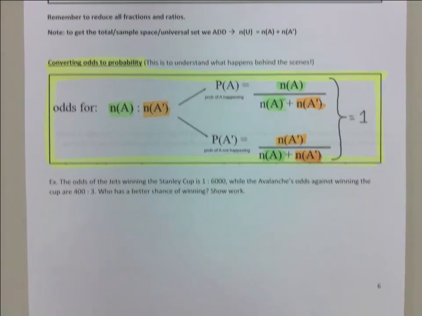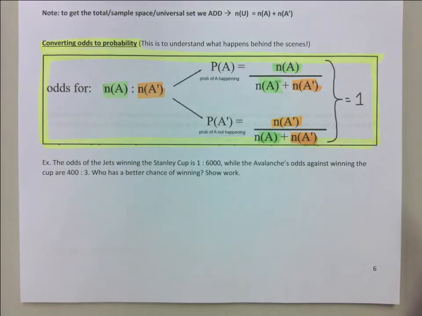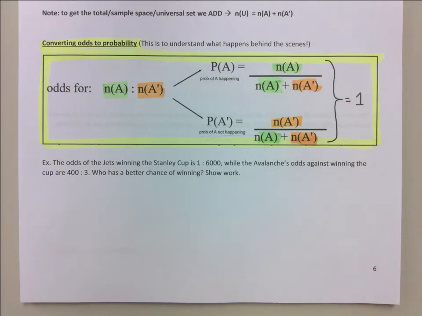Let's use this right now. Why is this handy? Does this make sense why I have this bracket equals to 1? Why is that there? Well, do you remember something happening and something not happening? If you talk about the same event, it always adds up to 100% or 1.